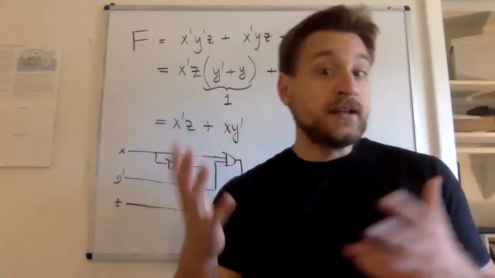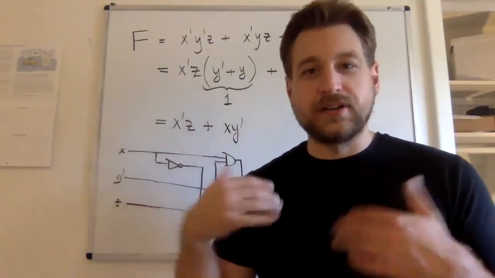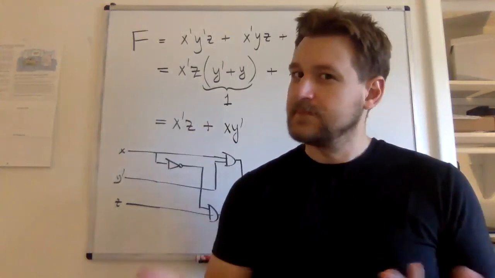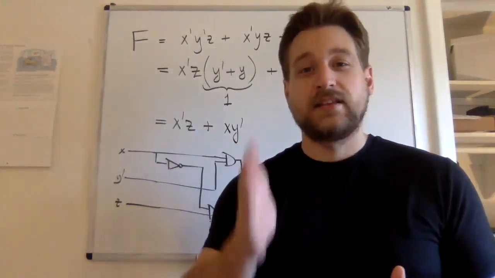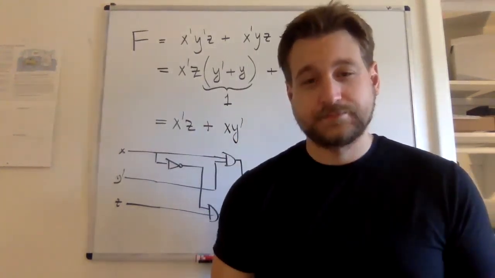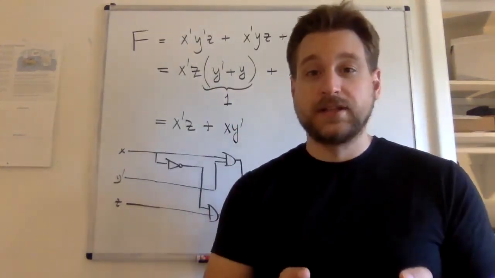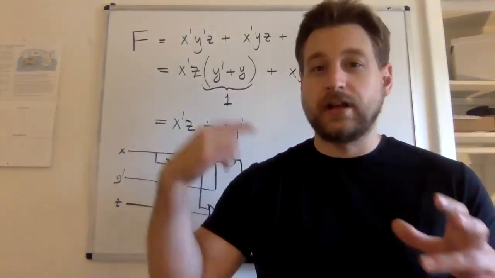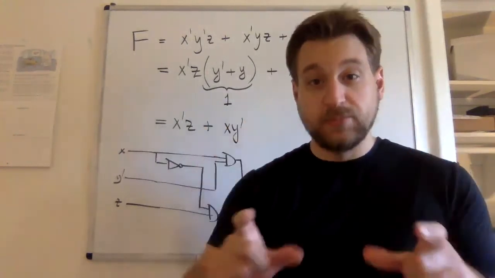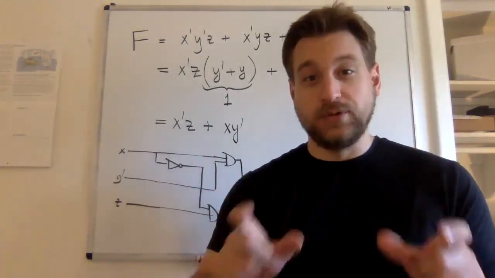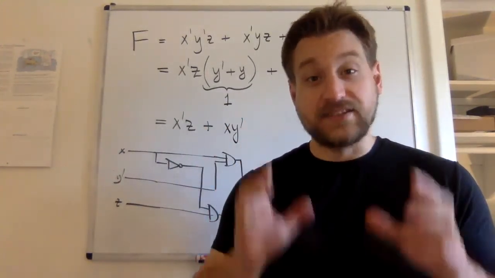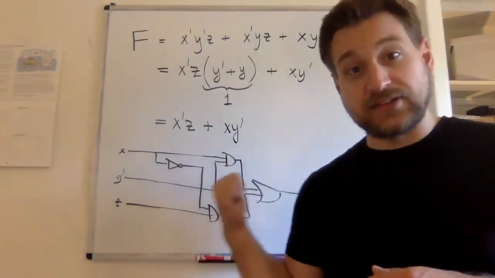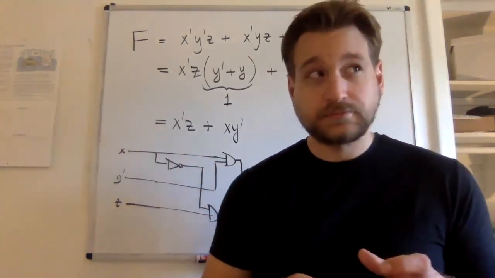I don't know. I can try to mess around with the algebra and find a simpler way, but I want to be sure. That's what chapter 3 is about, developing an algorithm that we can use over and over again to simplify Boolean functions and simplify the associated logic diagrams to implement those functions.